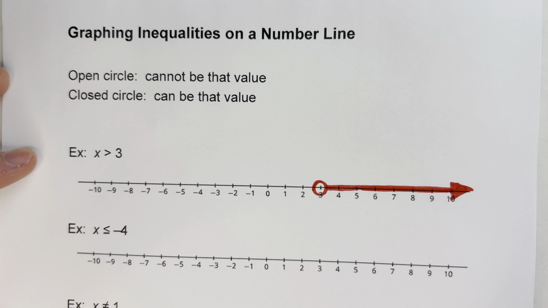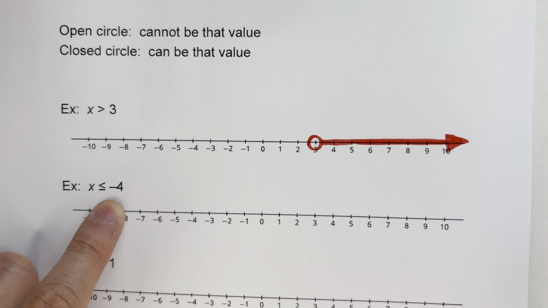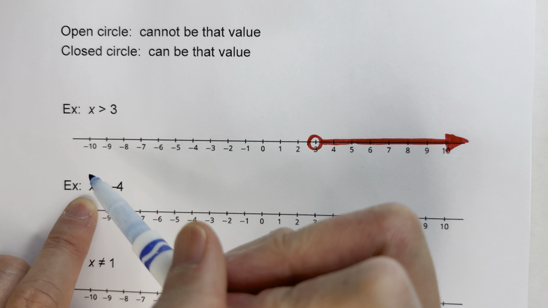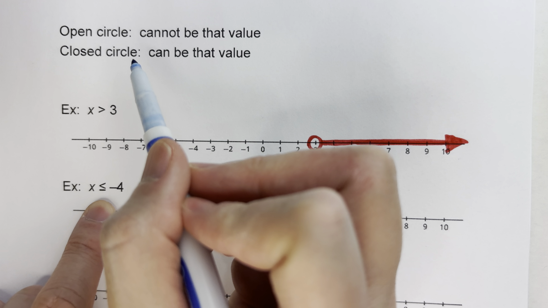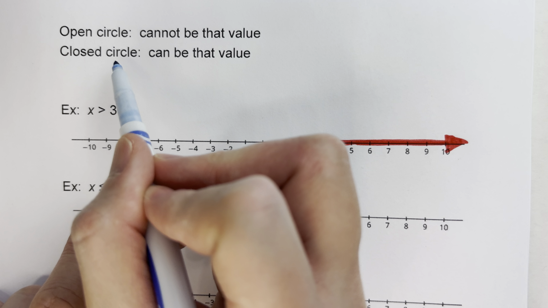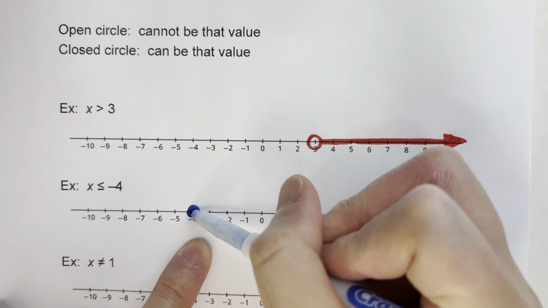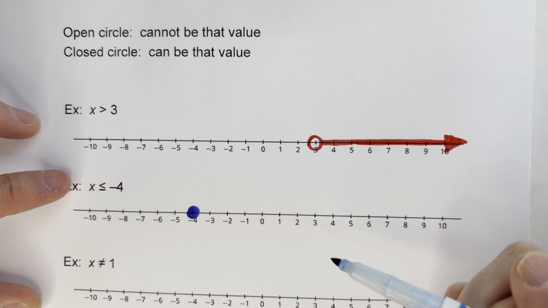All right, here, let's do another one. X is less than or equal to -4. Okay, so in this case, can X actually be -4? In this case, yeah, because it's less than or equal to. So it can be the value, so we do a closed circle at -4. So that means a filled in circle on -4. So notice how I filled it in versus the last time I left it open.